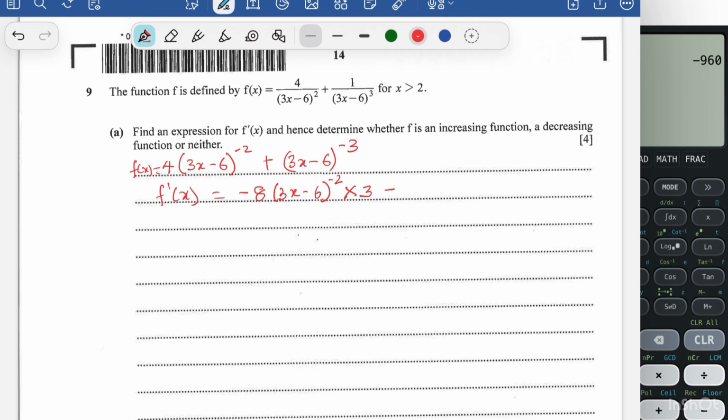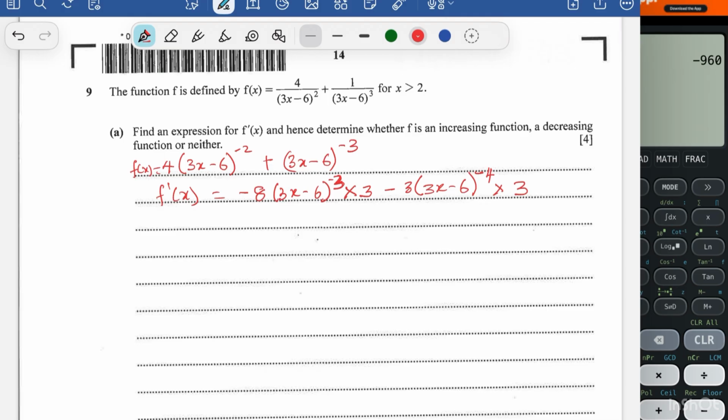Then you differentiate, you bring down this minus 3, and minus times plus is minus: minus 3 times (3x minus 6) to the power of minus 4, times 3. Right, so that's all we have. I'll just check again. Always check. You bring this down, you minus 1, you times by the differentiation. Okay, so that's what we have.